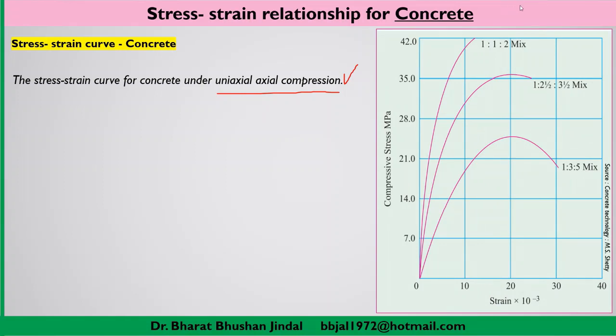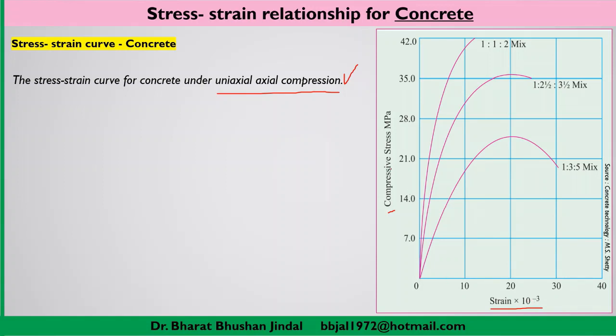Now on the right side you can see a graph. That graph is a relationship for the compressive strength of the concrete. Strength or stress, they are one and the same thing, so it is along the y-axis: compressive stress in megapascal, and along the x-axis there is the strain.